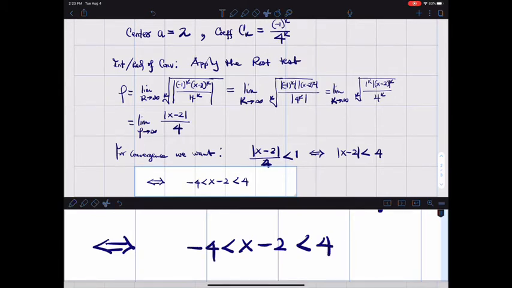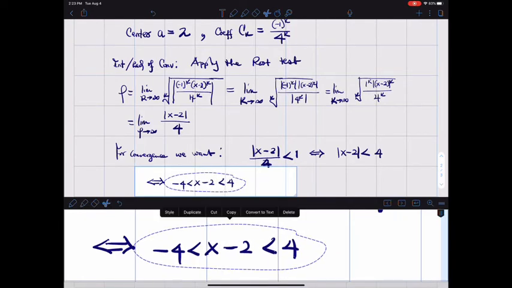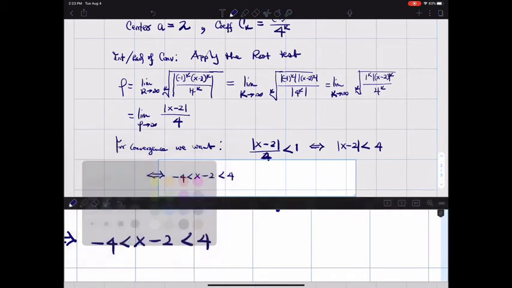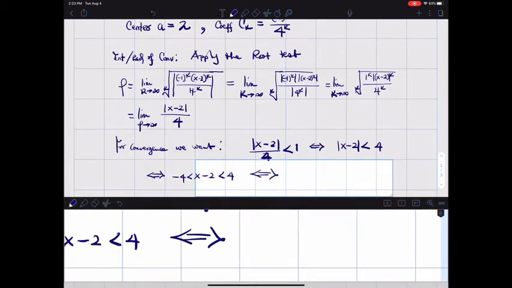What does that mean? If you add 2 to both sides, so that you get rid of the 2 in the center, you have x between -2 and 6.